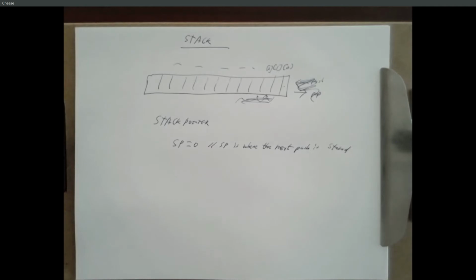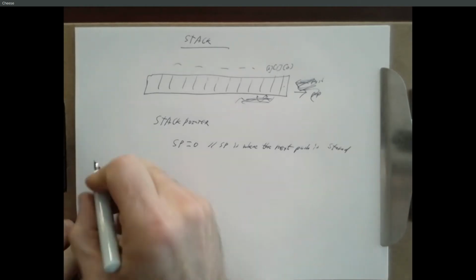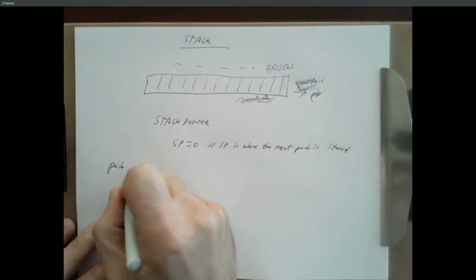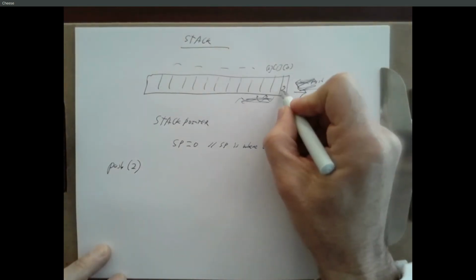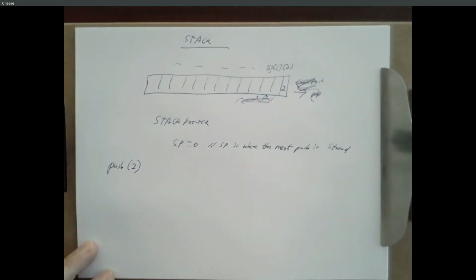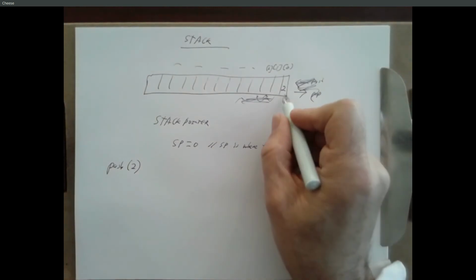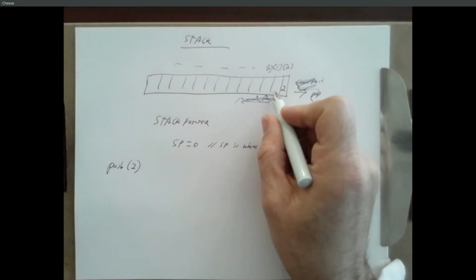So let's push some prime numbers. Let's push a 2. SP is 0. I'm going to store my 2 right here. And then I'm going to increment the stack pointer, so that the next time I push, I don't overwrite that 2, but I put it in location 1.